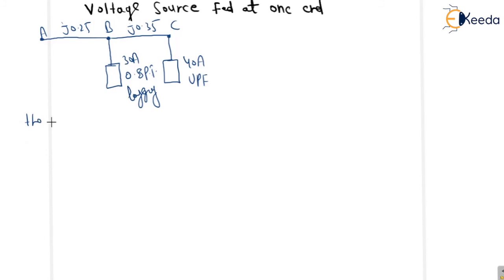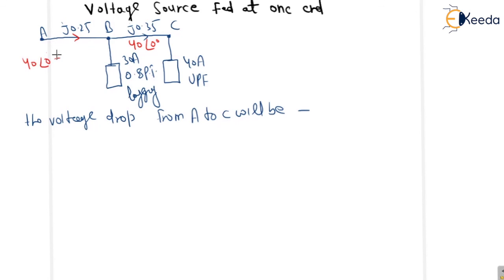The voltage drop from A to C will be what? Now we know that in this branch the current 40 at the angle of 0 will flow, and in this branch 40 at the angle of 0 plus 30 at the angle of minus 36.86 current will flow.